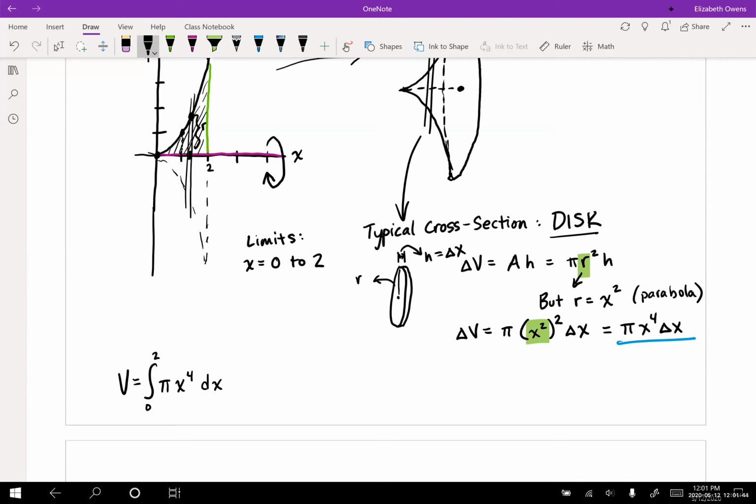The hardest thing about these really is getting the integral set up. Now that we actually see the integral, it's not too crazy to compute. Notice that you can pull the pi out of the integral because it's a constant. So you could go pi times the integral from 0 to 2 of x to the fourth dx.